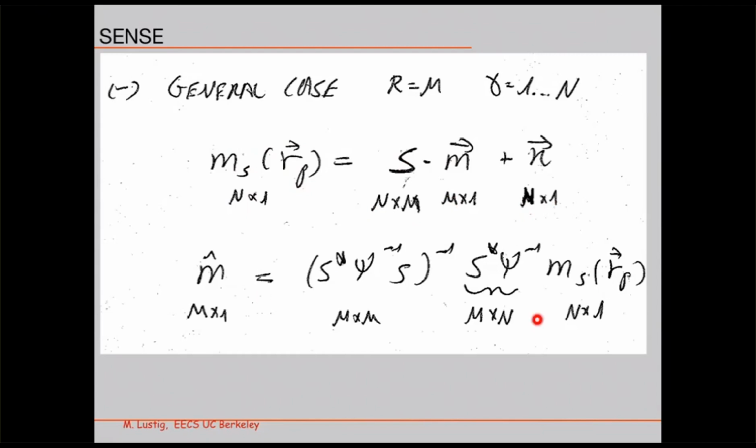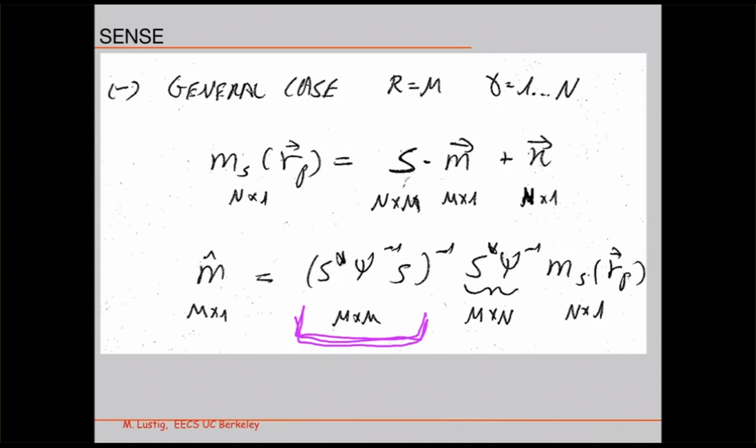The solution is exactly the same, as long as this thing is determined. What would happen if I had 2 coils but 4 times undersampling? That would be degenerate, underdetermined, and we would not be able to perform the inversion.